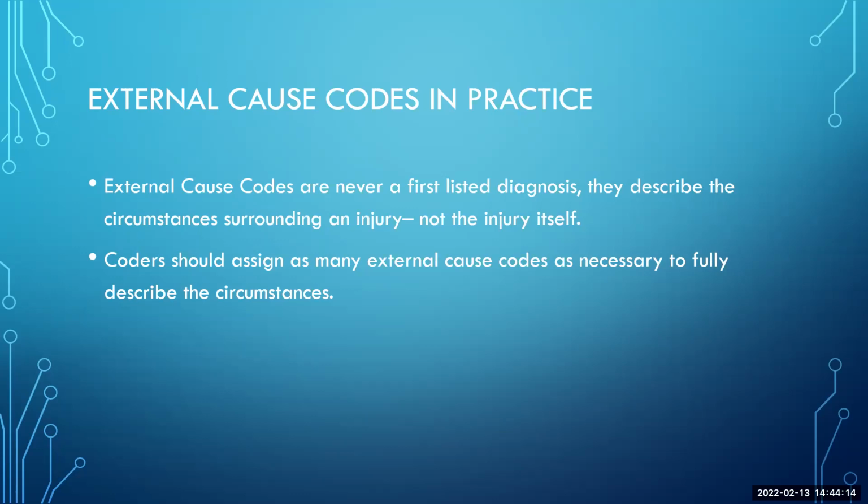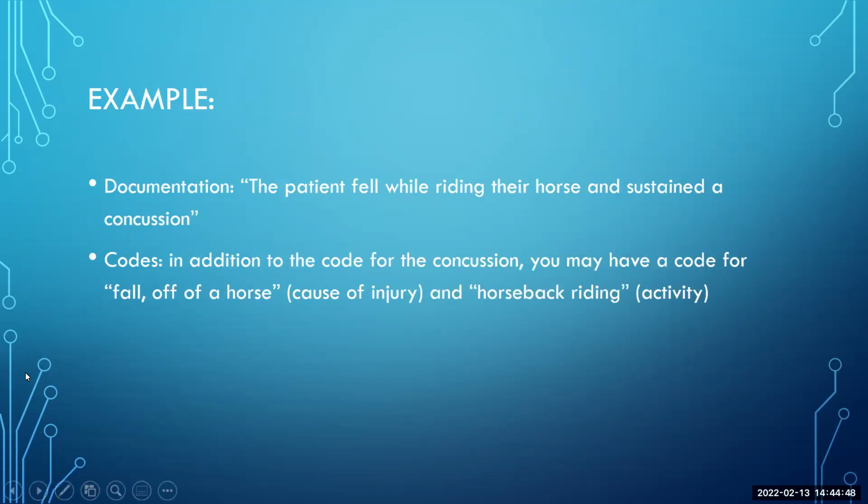So if you have somebody who fell through the ice while they were ice skating, we might have a code for the injury that was sustained when they fell. And then we'd have external cause codes that would say fall through the ice, and then another one that would say ice skating. And so that seems redundant, but when we're using this index and these kinds of codes, we want to use as many codes as we can to fully describe the circumstance. So that's usually where I see students getting tripped up.